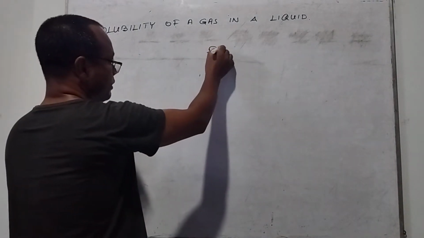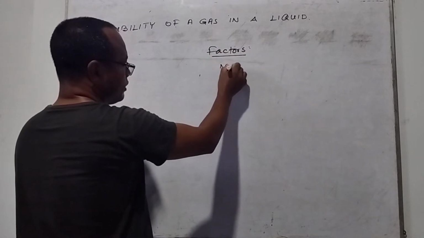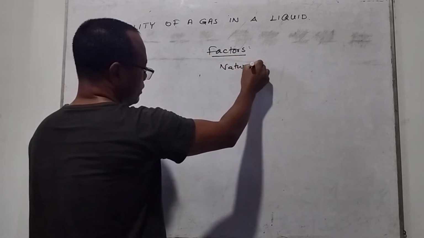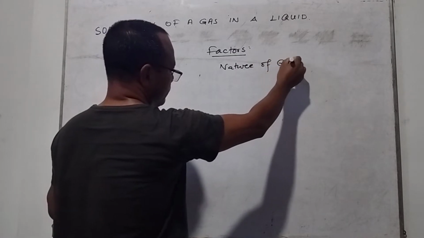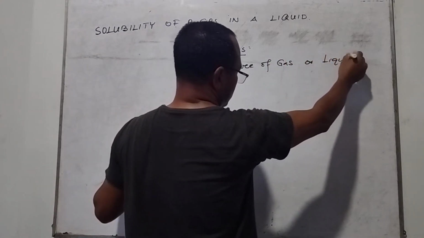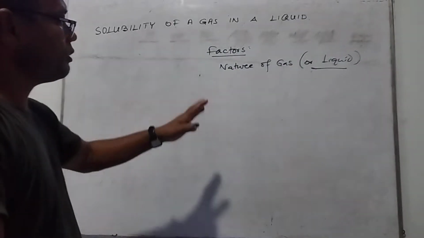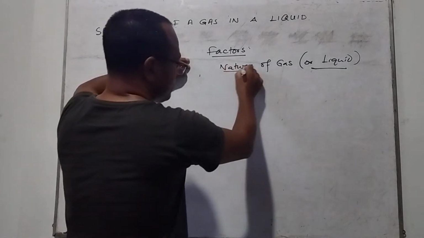What are the important factors? Number one, the nature of the gas, or the nature of the liquid we are using. Let me keep the liquid aside; first let us discuss the nature of the gas.